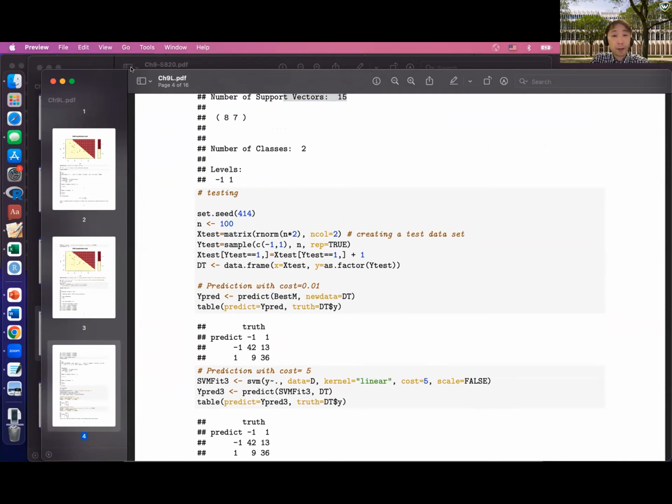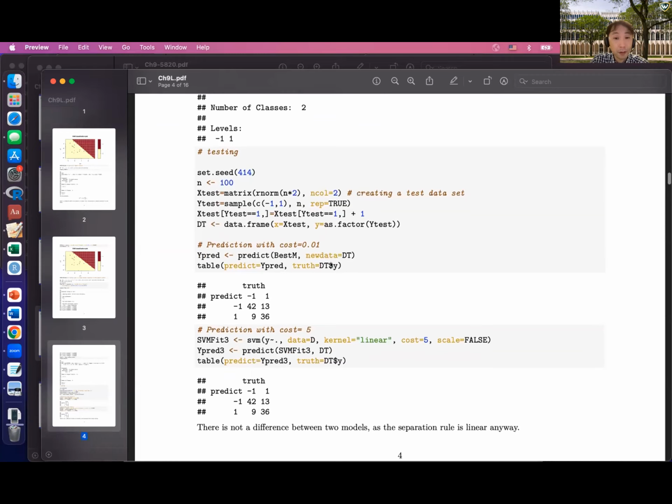We want to compute the training error and test error. Actually, sorry, this only computed the test error. With the best support vector machine model, we can make predictions on the new data set. This is the test data set.